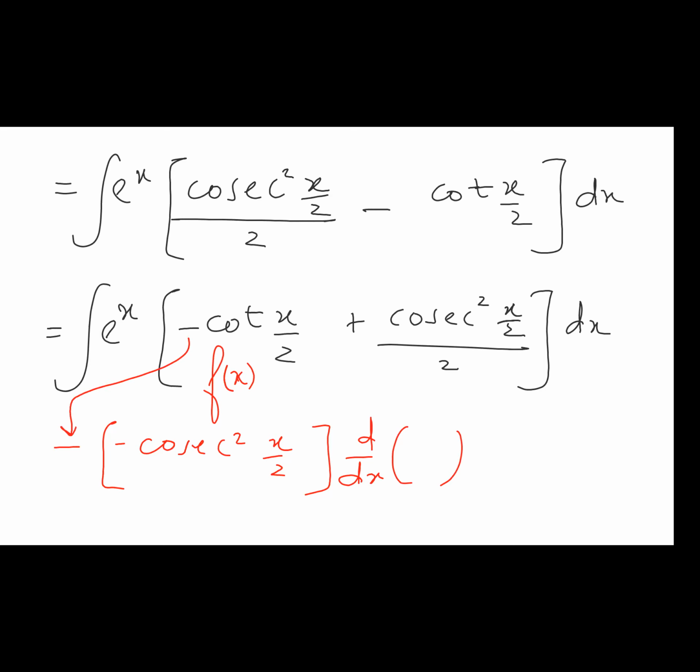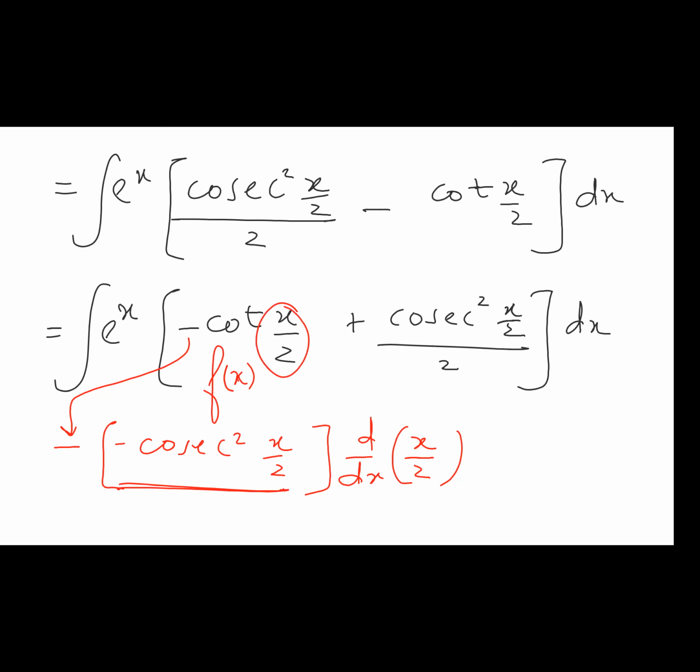Derivative of minus cot is minus cosec square x by 2. So what is the part of the round bracket? Correct. x by 2. Chain rule.